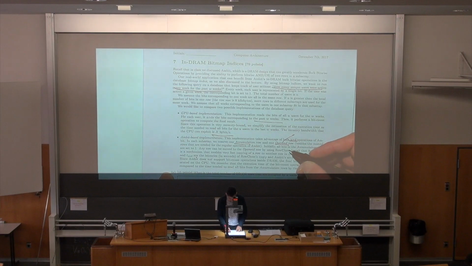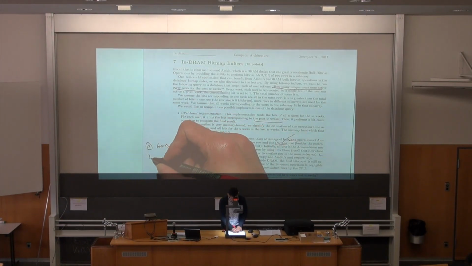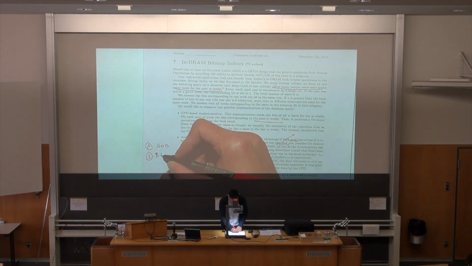The bitmap computation to know how many users are active is done on the CPU. So in the Ambit implementation, you have two parts: the first is the AND operation, and the second is computing the bitmap count, which is done by the CPU.